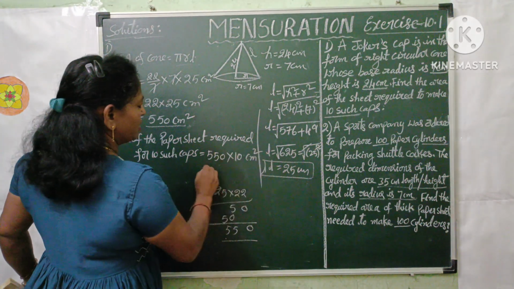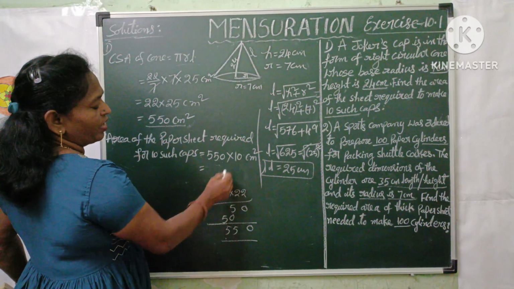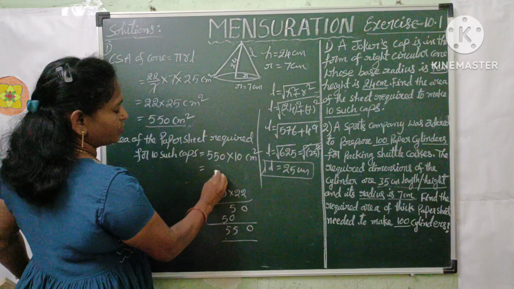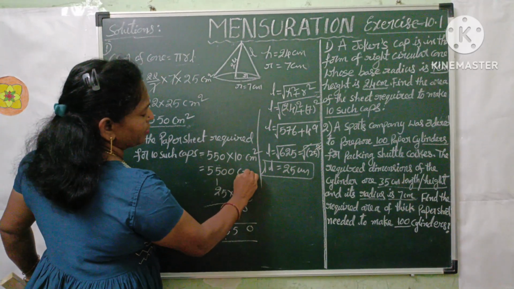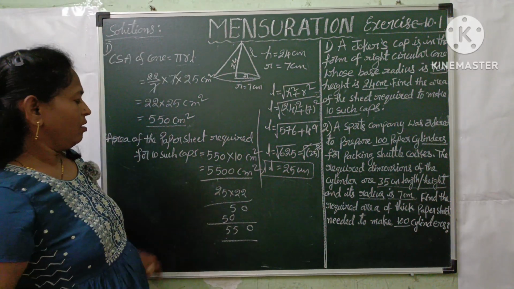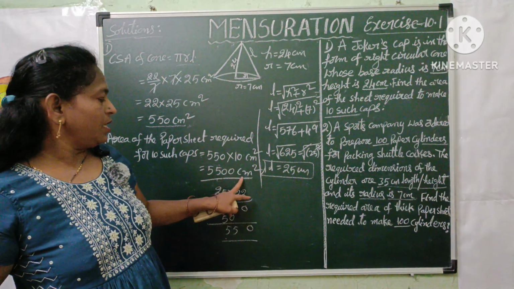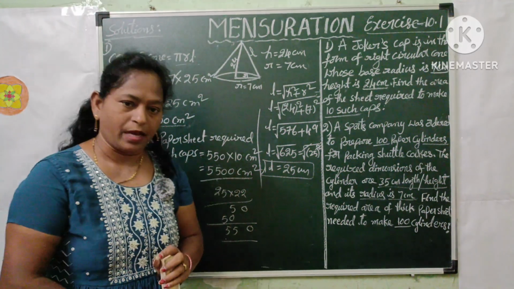That is equal to 550 and add a 0 on the right side. Simply 5500 centimeters square. 5500 centimeters square we need to use for 10 such caps.